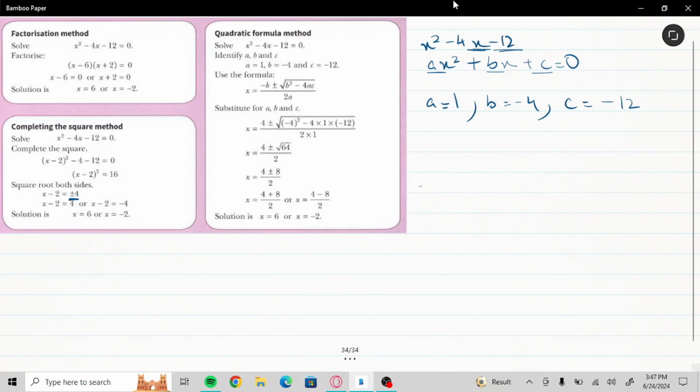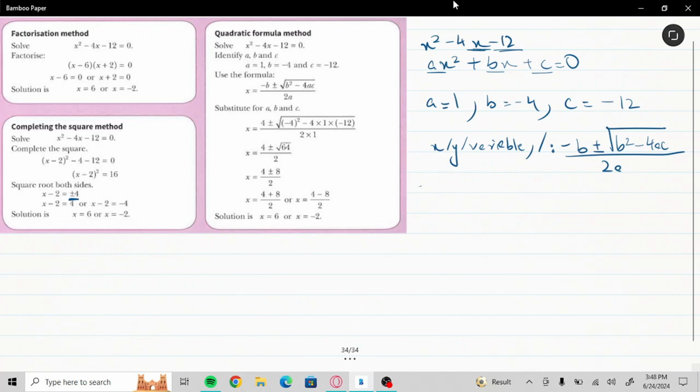And now, another thing you have to memorize. The quadratic formula: x, or you can say y, or any other variable, it's equal to minus b plus minus the square root of b squared minus 4ac, divided by 2a.